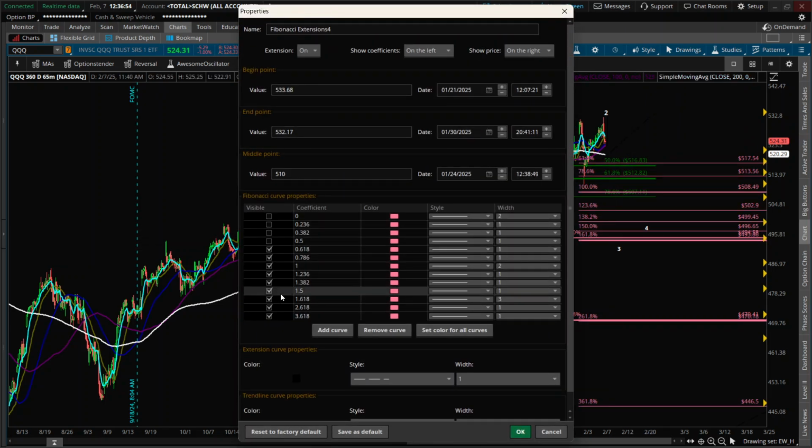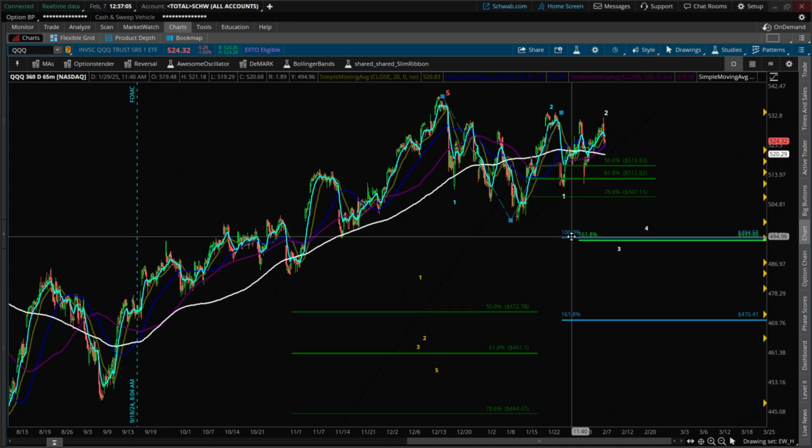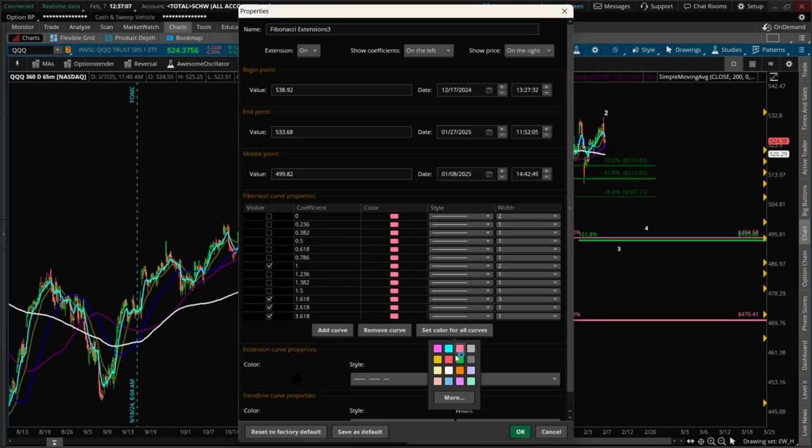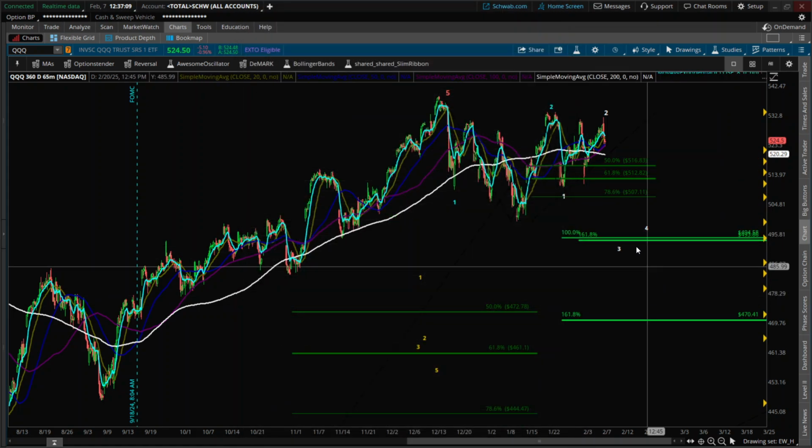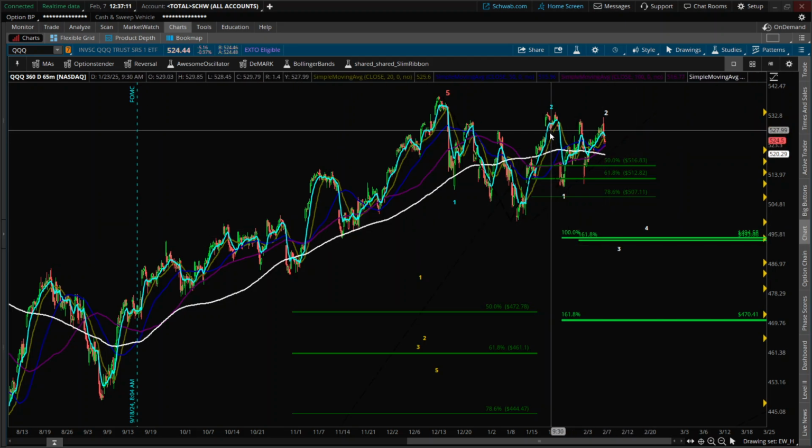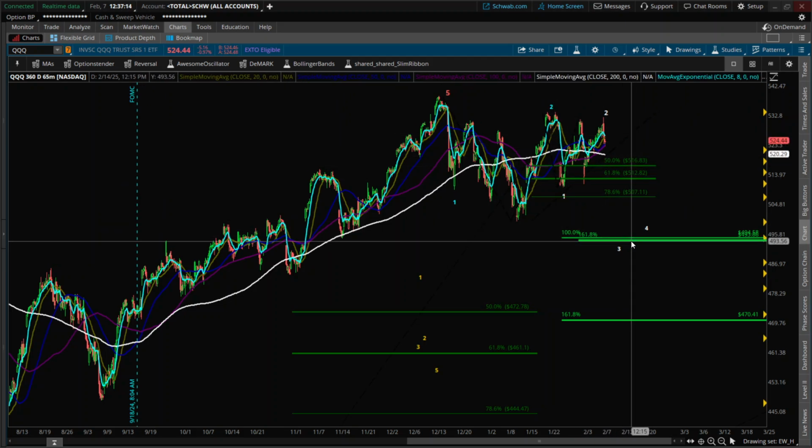All right, let me clean this up. We're only looking for the 161 here, and I want to make it green, because that's where we should get a bounce. Same thing with that. Green. Now that makes perfect sense, because we're going to look for a reaction here off the 495.